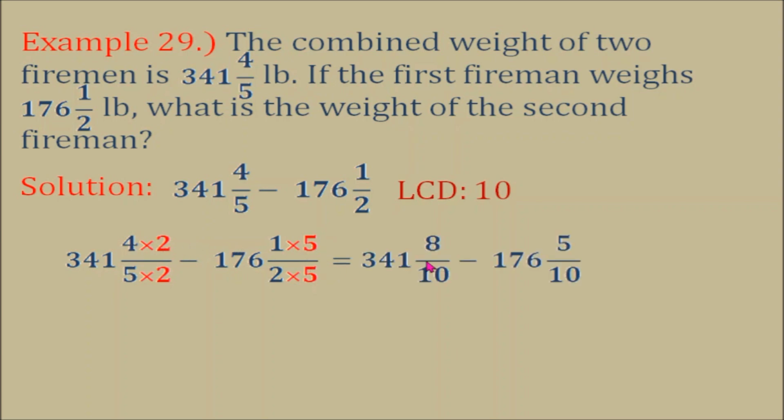So 4 times 2 is 8, over 10, then 1 times 5 is 5, over 10. Now we can perform the operation. 341 minus 176 is 165, then 8 minus 5 is 3, then just copy down the common denominator 10. So this is our answer, 165 3/10 pounds.